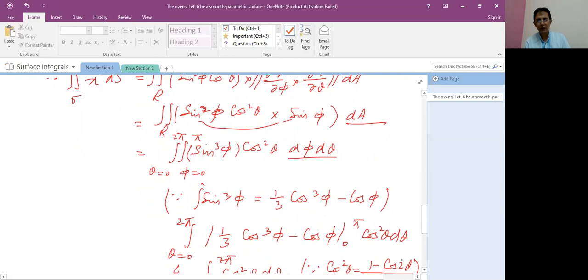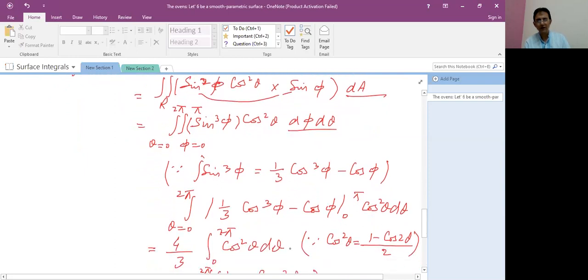First we integrate this value and apply the limit. When we apply the limit, we find the answer: cos pi is minus 1, minus 1 cube, it is minus 1 upon 3, and cos 0 is 1, so minus 1 upon 3 minus 1 upon 1 is minus 4 upon 3. So cos square theta d theta.